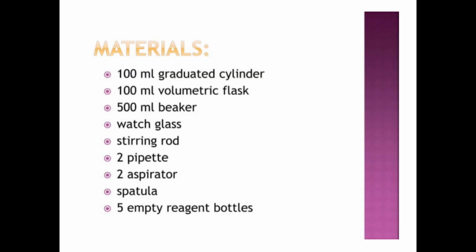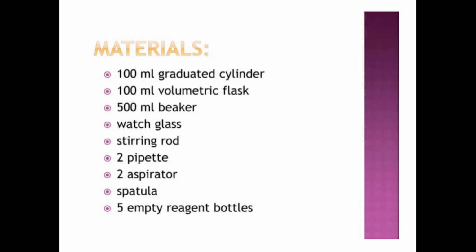You need a measuring cylinder. Measuring cylinder is usually used to measure liquids, especially the acids that you want to use. You have a volumetric flask, or what is called a standard flask. You are going to need a beaker. The work of the beaker here is that whenever you get a substance, you first transfer it to a beaker before you transfer it to a standard flask.